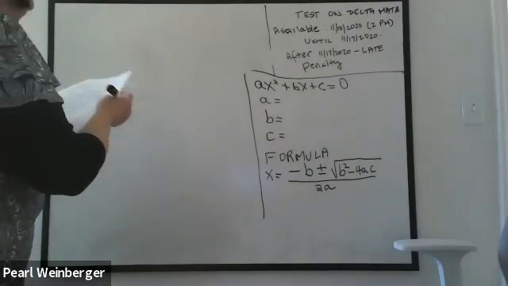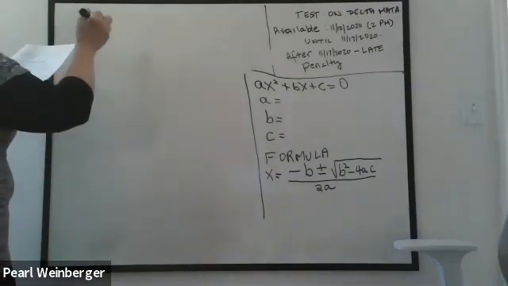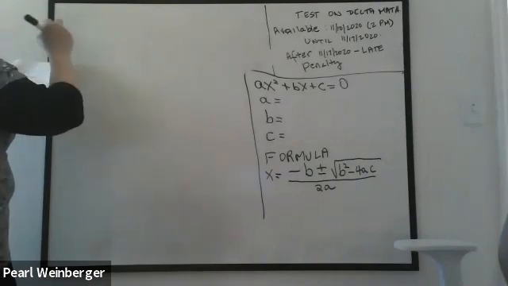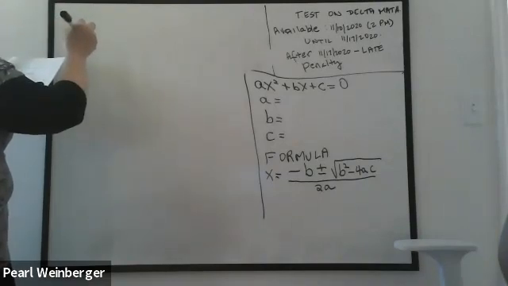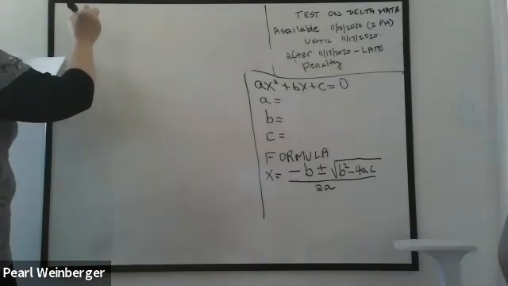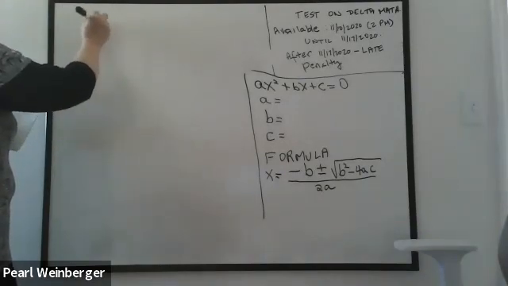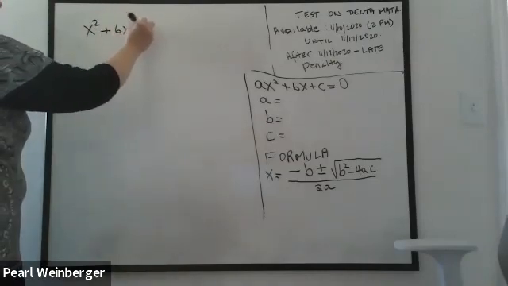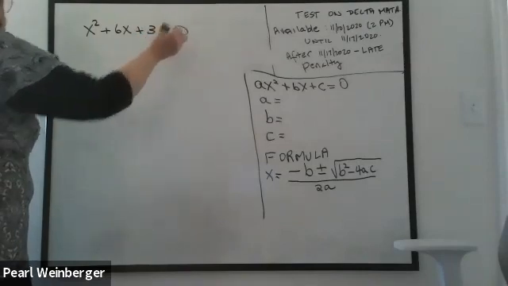Okay, here's the problem. x squared plus 6x plus 3 equals 0.